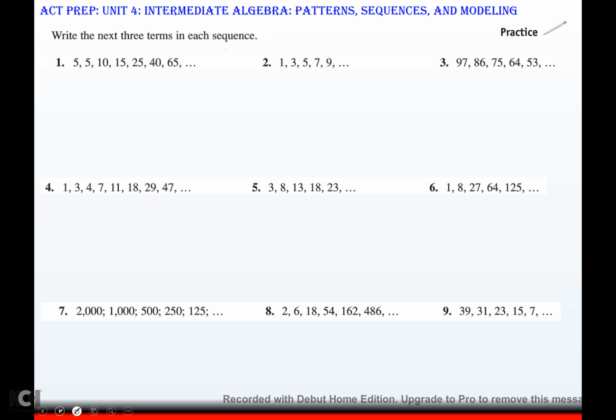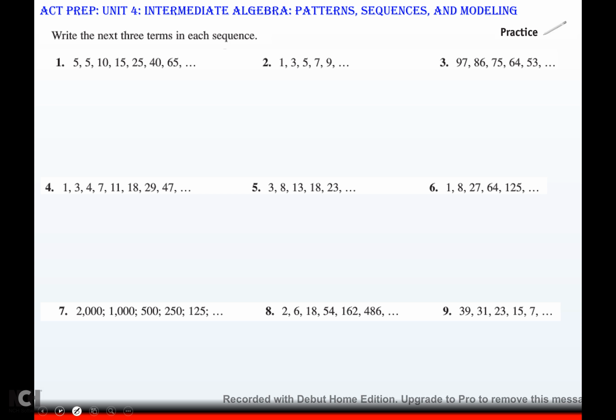All right, so they want me to write the next 3 terms in each sequence. All right, well, it's looking like they did 5 and then 5 and then 10 and then 15 and then 25 and then 40. So I'm trying to figure out what the heck the pattern is.